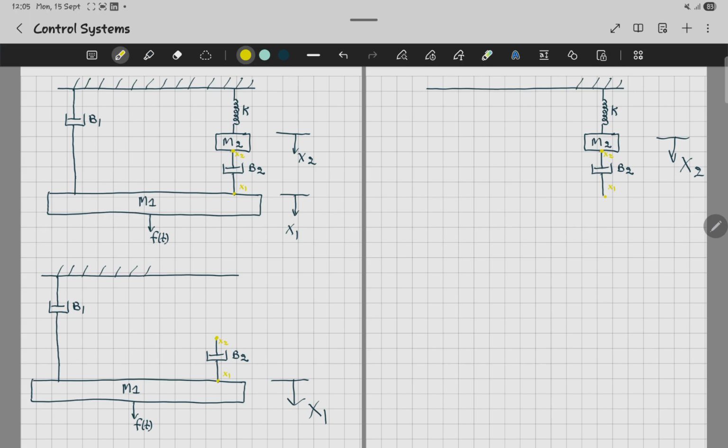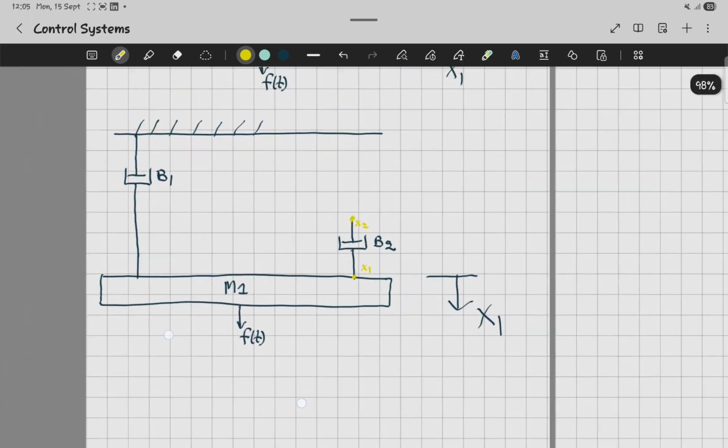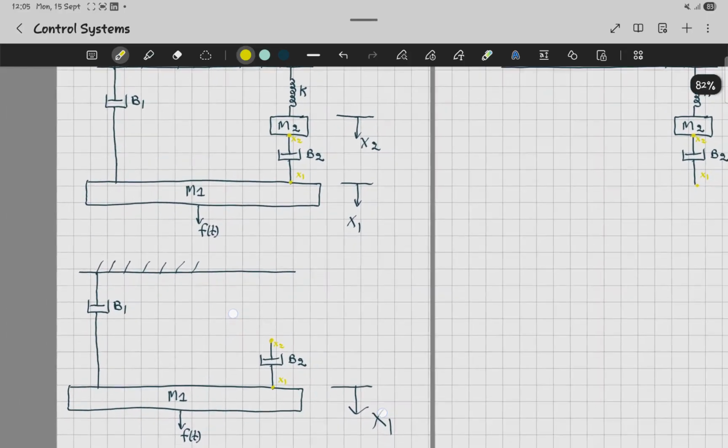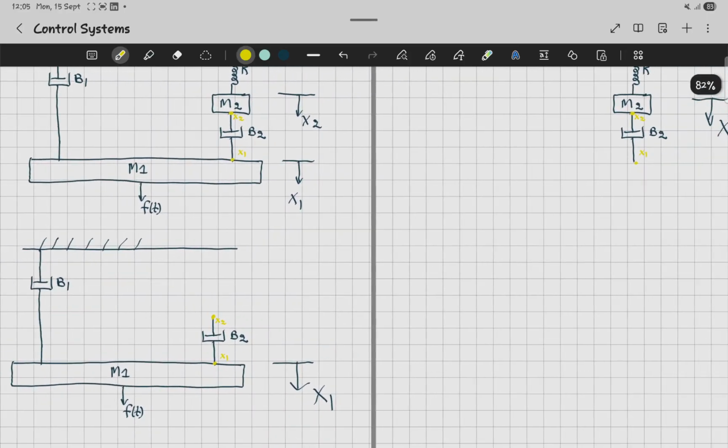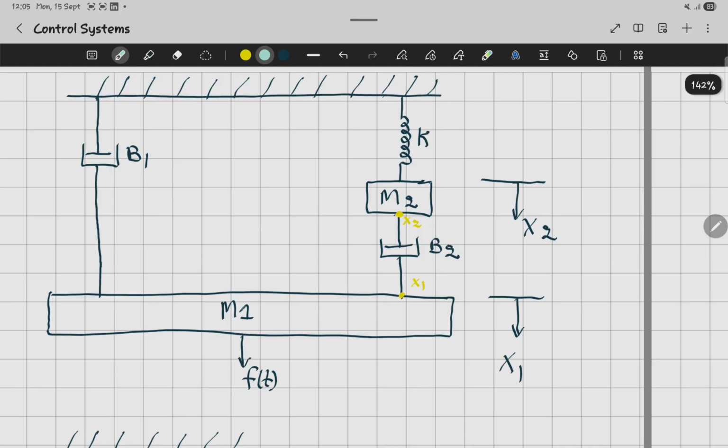Now we're going to take the equation out. Let's start with this one. Since everything is connected directly to mass 1, I'm going to go back to this image. This one is directly connected to mass 1, and mass 1 is a function of x1.